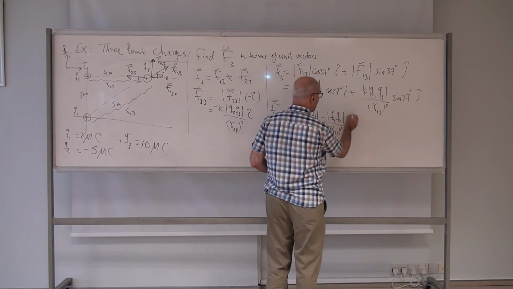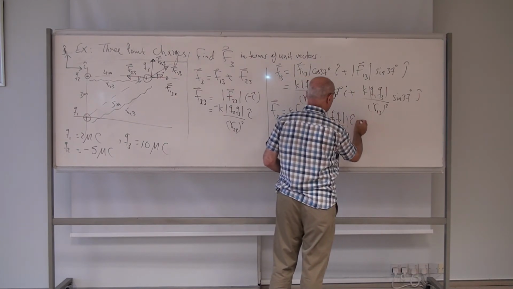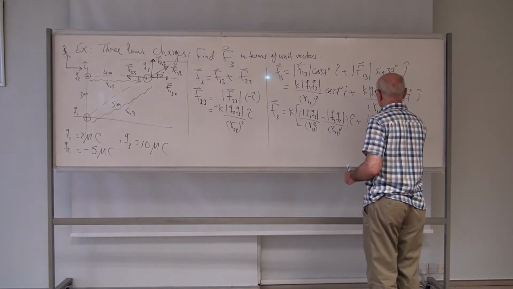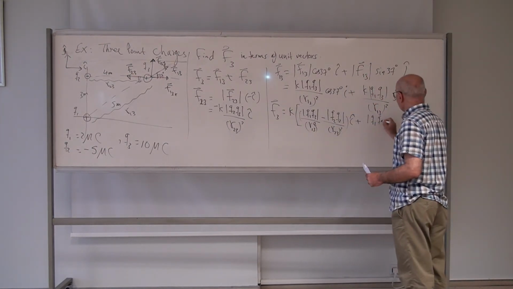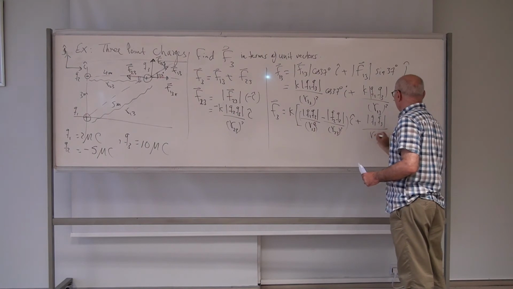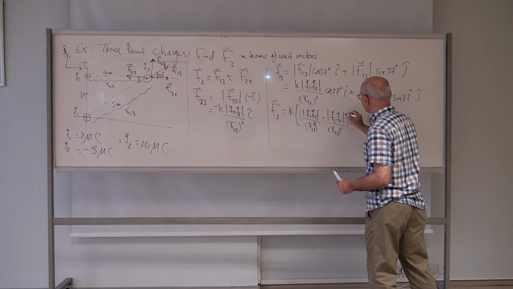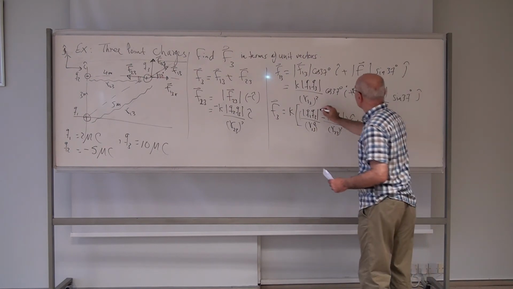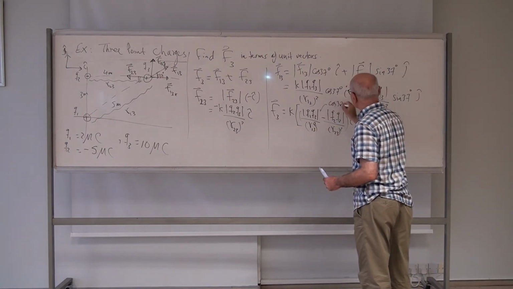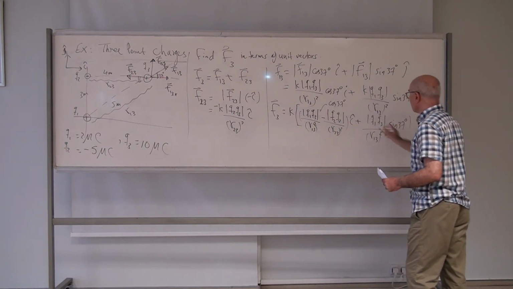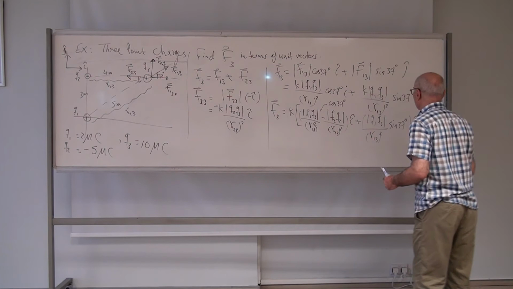This is along i hat, plus you will have Q1 Q3 over R13 squared sine 37 degrees. This is along j hat.